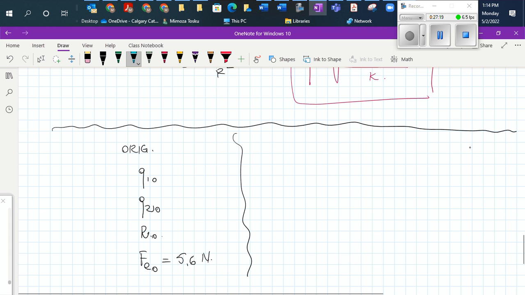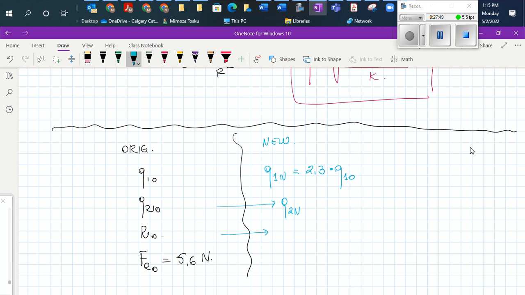And now in the new situation, we are changing the magnitude of charge 1. We are increasing it by a factor of 2.3 in relation to the original magnitude of charge 1, and we are keeping everything the same.